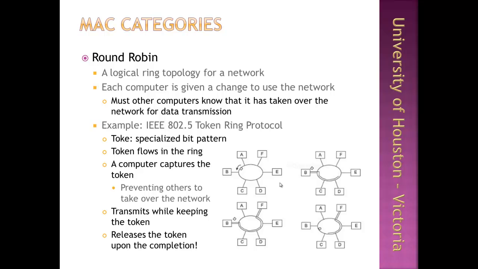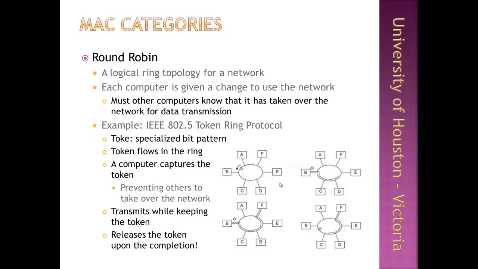So when the network is free, this token basically moves from one place to the next. When a node needs to transmit data, it captures the token, and when it has possession of the token, it changes the network state from idle to busy and temporarily prevents all other nodes from transmitting any data. When transmission is completed, the node releases the token and permits other nodes to seize control of the token.